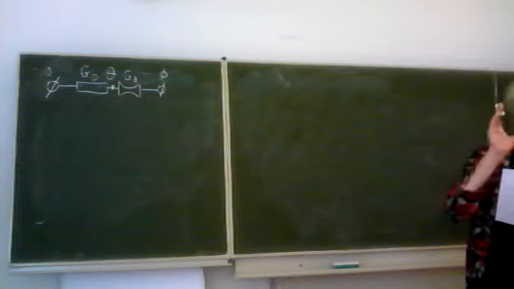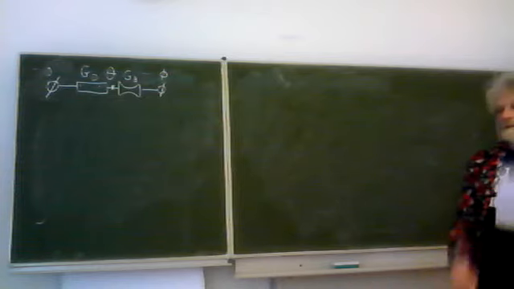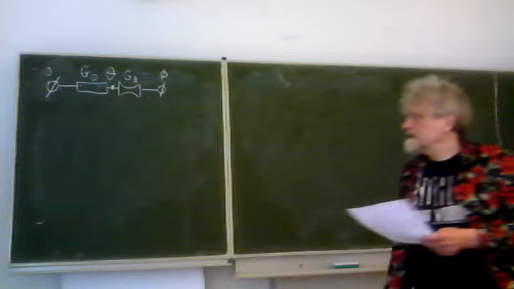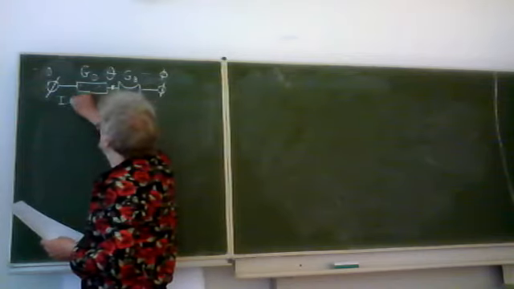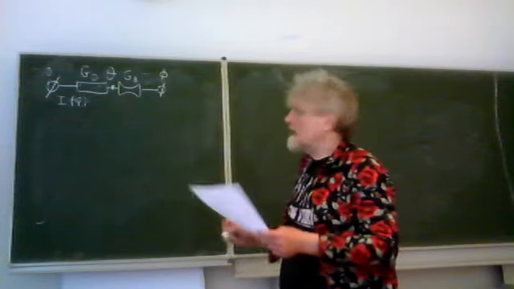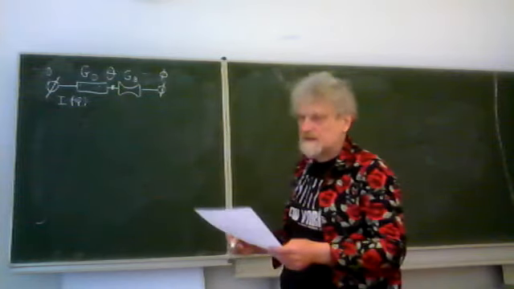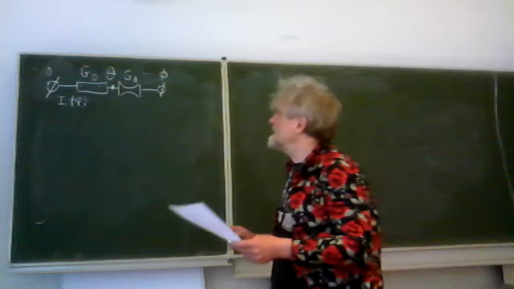All right. So how do we proceed? What do we have to know? We have to know the current as a function of phi. We know the current phase characteristics of each element.